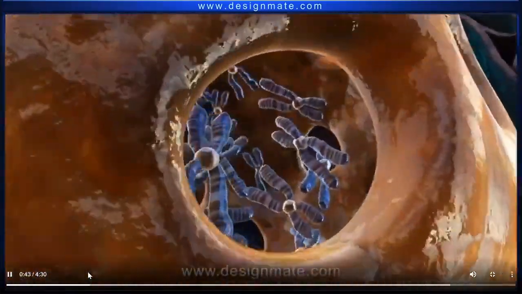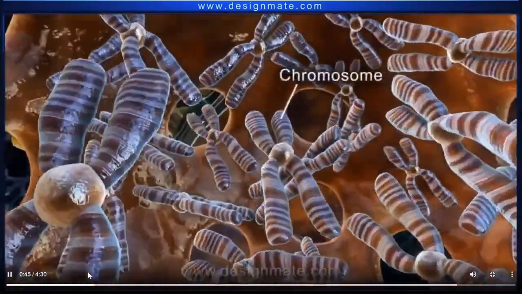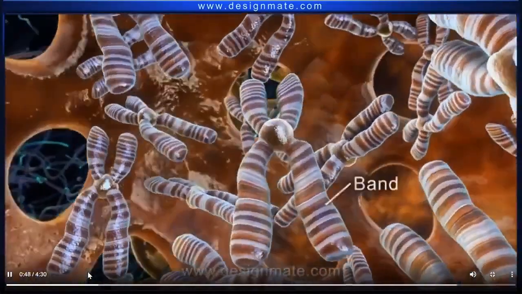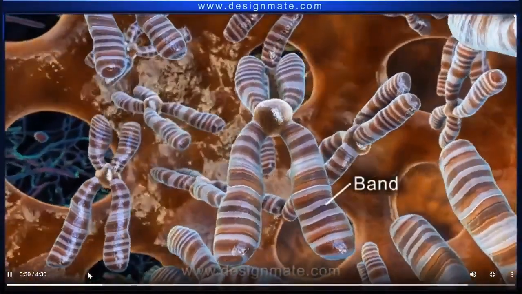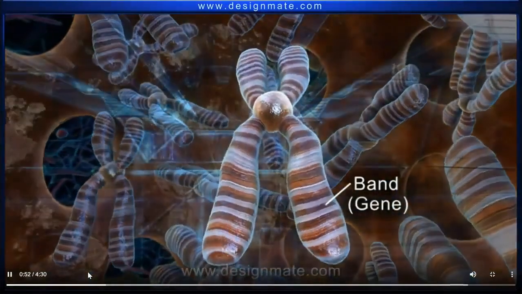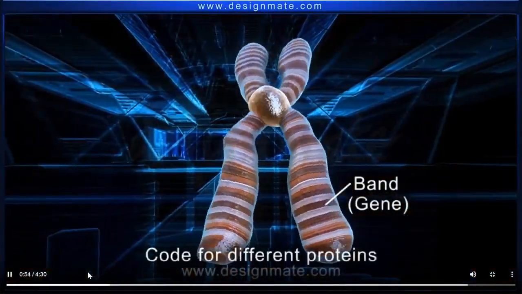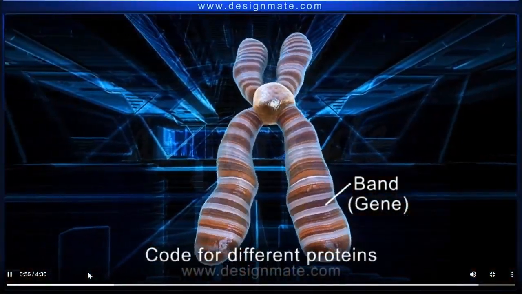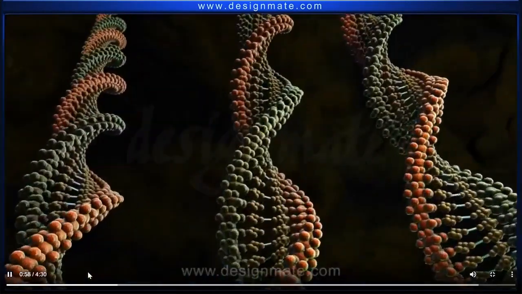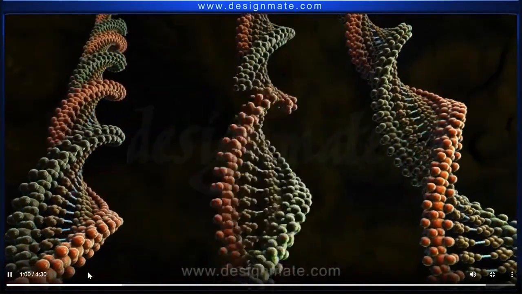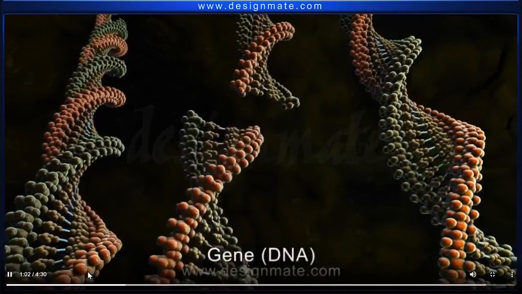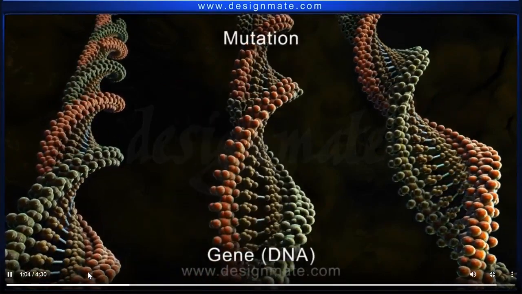Inside the nucleus, we can see some chromosomes. These chromosomes contain genes which are depicted in the form of bands. These genes code for different proteins. Any alteration in the genes is called mutation.